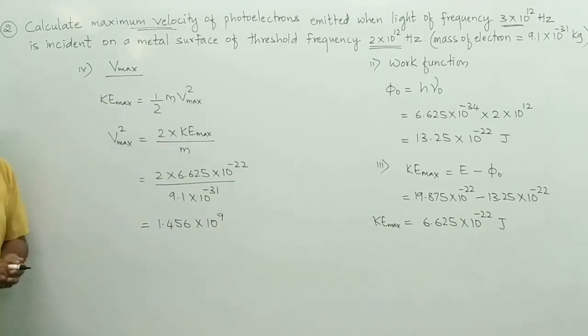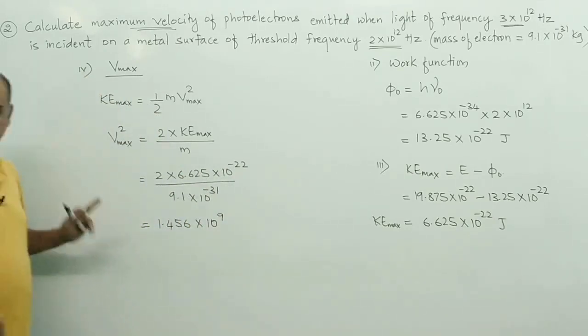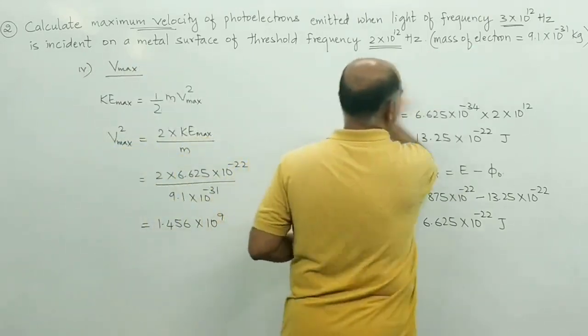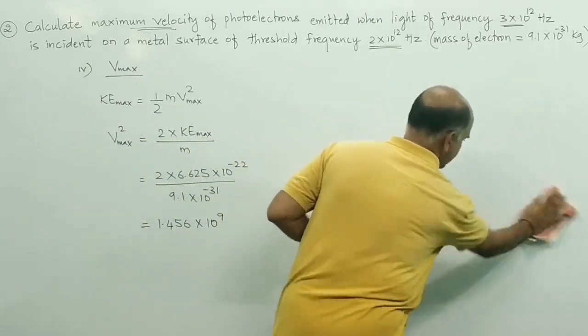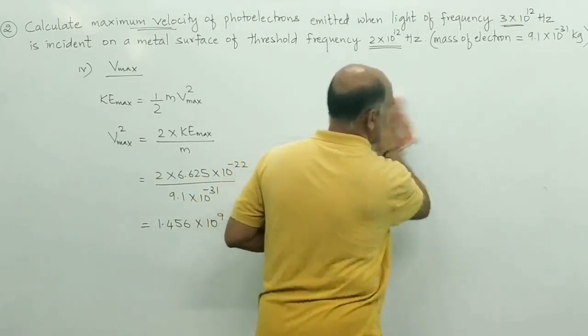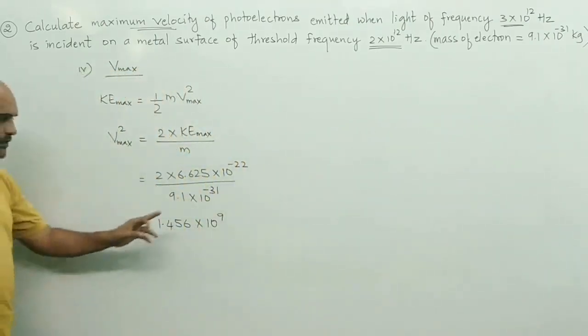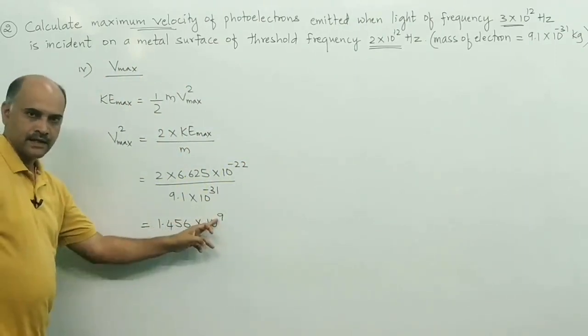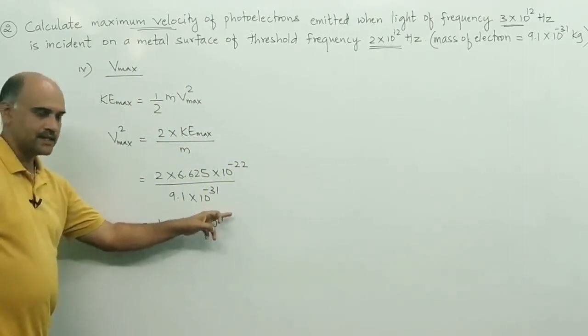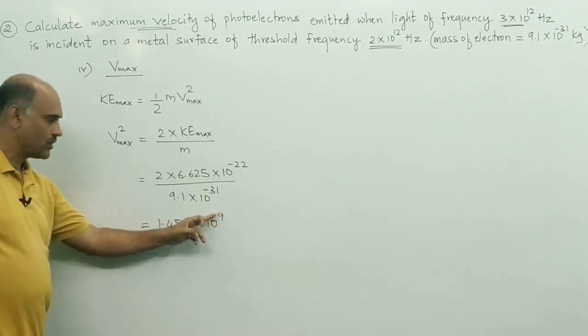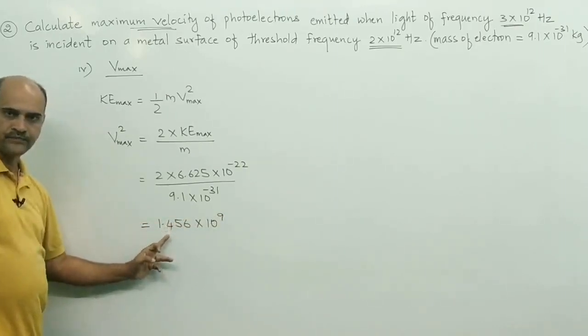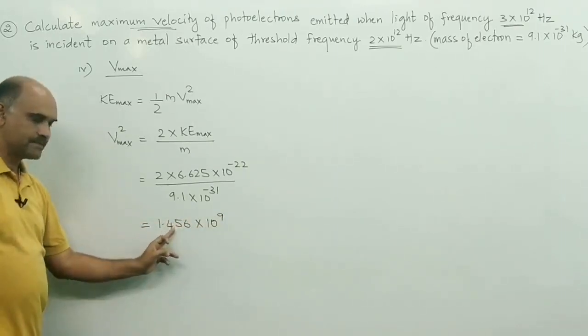Now, you are required to take root, but while taking square root, always remember that the power of 10 should be an even number. Now here power is 9, it should be an even number. Either you make it 10 or 10 raised to 8. So 10 I will multiply to this.